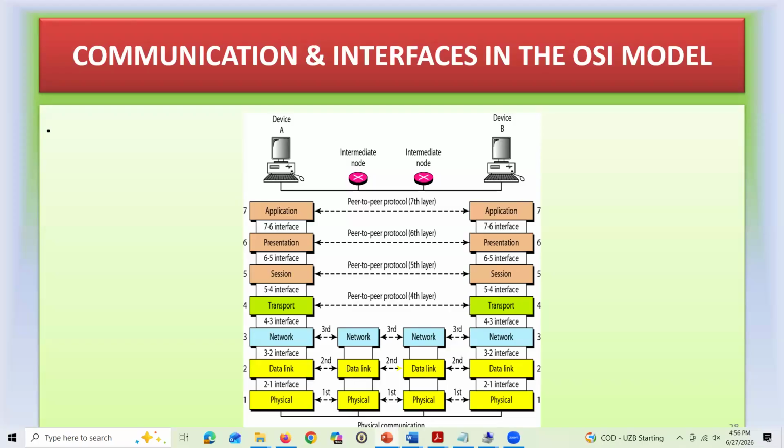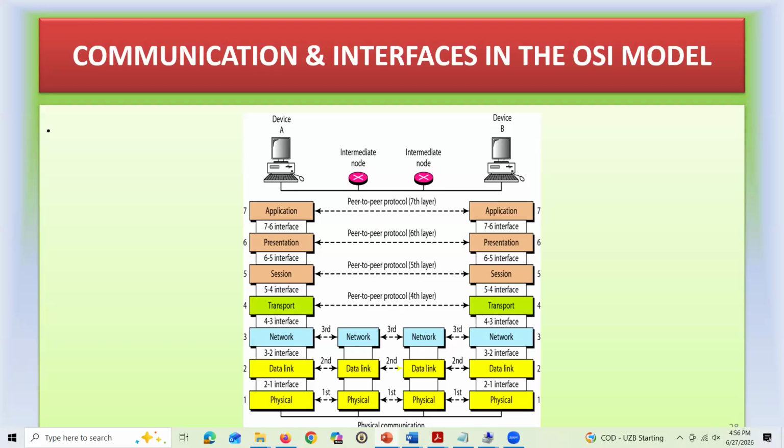Then the final layer we have is the physical layer. The physical layer is where there's physical connectivity and transmission of the raw bit stream, that is zeros and ones.